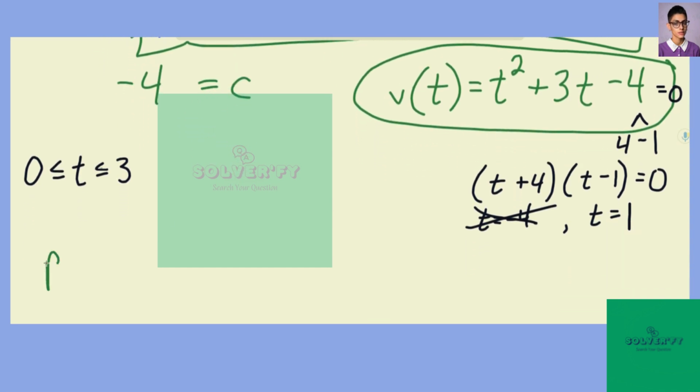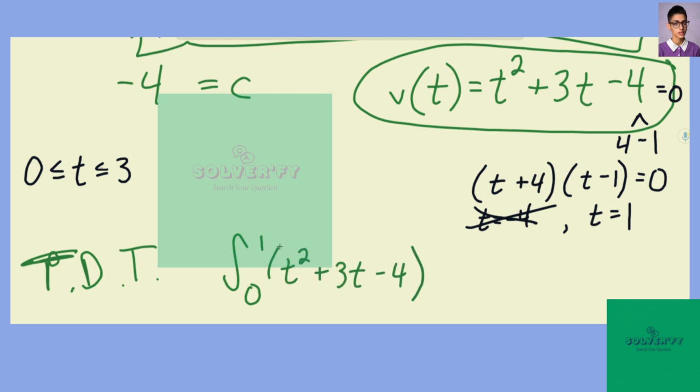To find the total distance traveled, that's the integral from 0 to 1 of that function, dt, starting here, and then it changes directions. And then the integral from 1 to 3 of t squared plus 3t minus 4 dt.